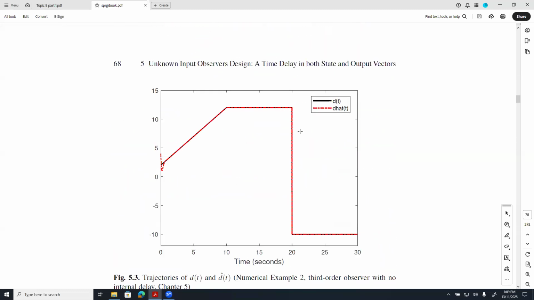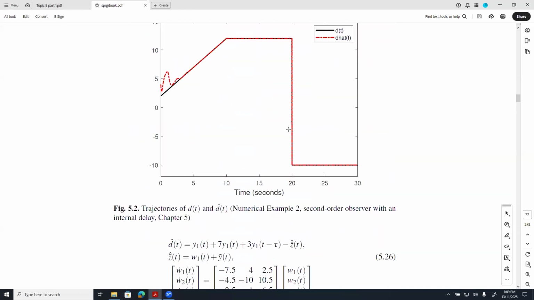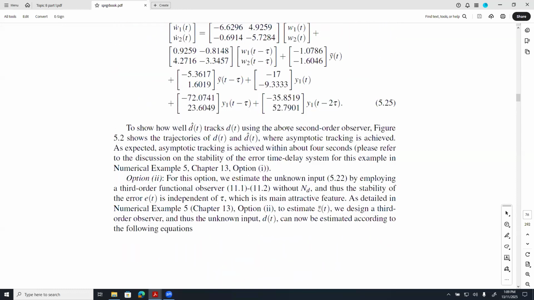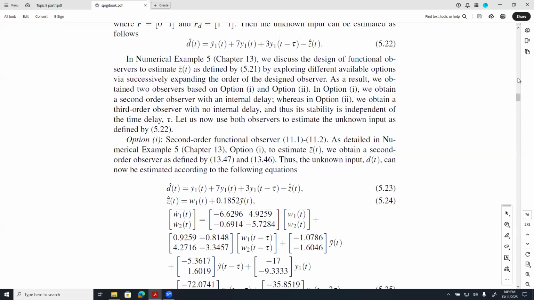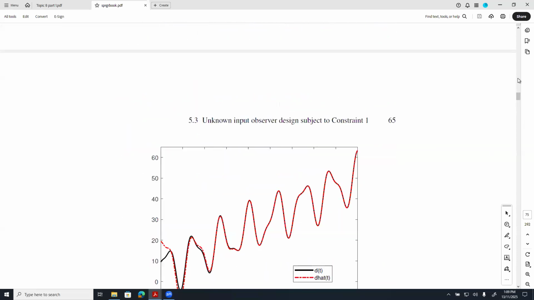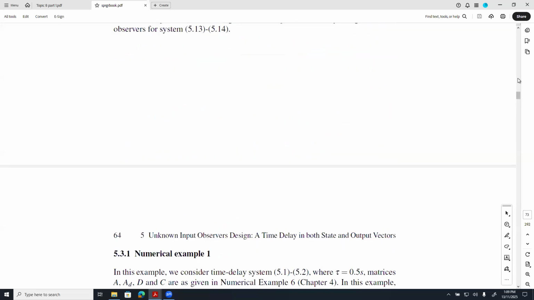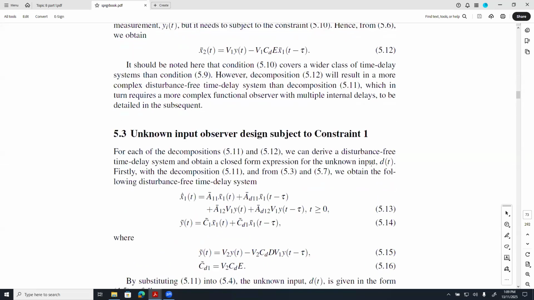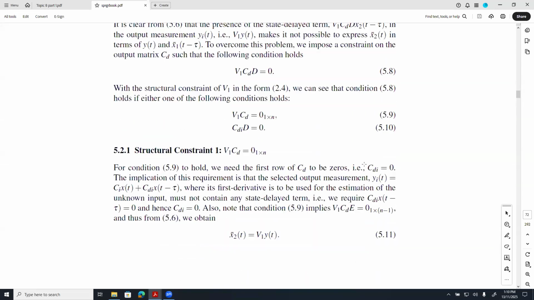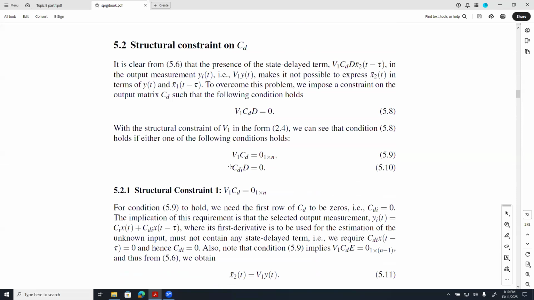When we did the decomposition, we imposed a constraint on the matrix C. With that constraint on matrix C, we arrive at two conditions. This is the condition that gives rise to that class of time delay system.